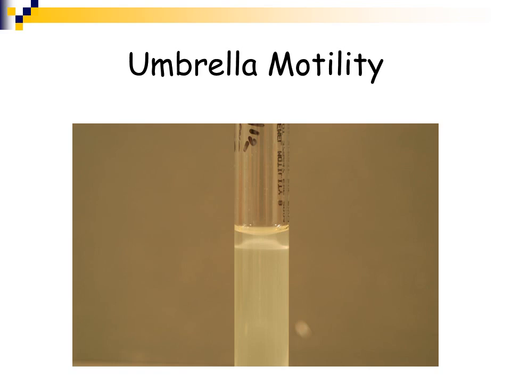So if we were doing a laboratory right now, we would actually do this test where all of you would take your motility deeps and inoculate them. You take a needle, you take a colony of what you think is your Listeria, you put your needle straight in, as straight as you can go, about 3/4 into the deep, and pull straight up because you don't want to move it around a lot.